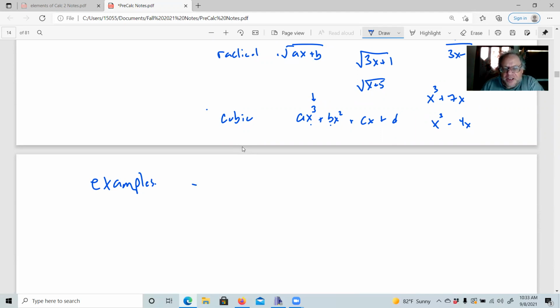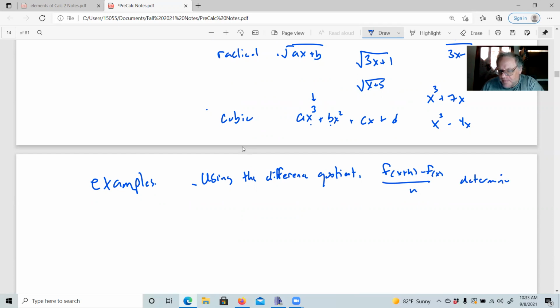So the question is going to be like: using the difference quotient, f of x plus h minus f of x over h, determine the difference quotient of the square root of x plus 5. Okay, that is exact. Again, I'll be typing this out. You're going to end up with f of x plus h minus f of x for this function here.